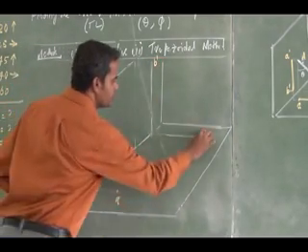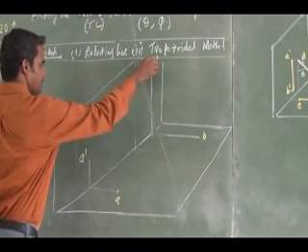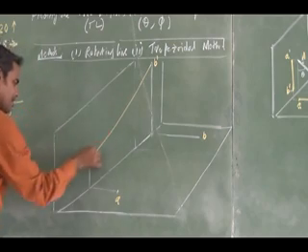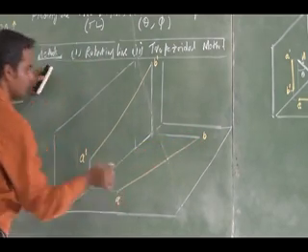This is my A, this is my B. So this is going to be my front view, and this is going to be my top view.